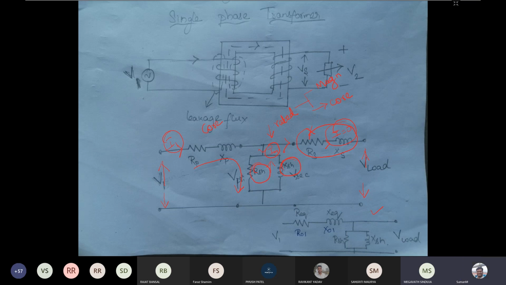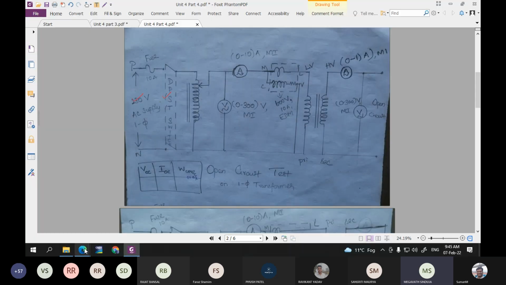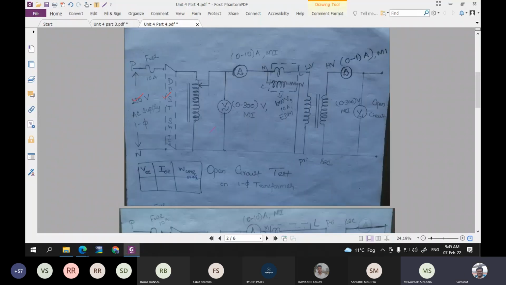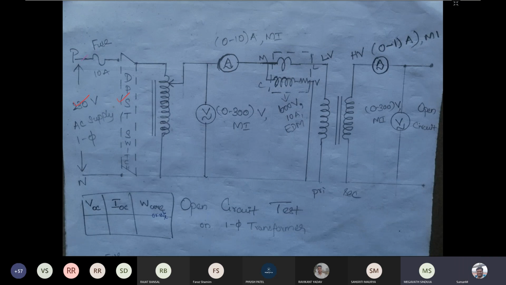So what is the circuit of the open circuit test? Here you have a supply, then a DPST switch. DPST means double pole single throw switch. In a double pole single throw switch, using one operation, it can be on or off.